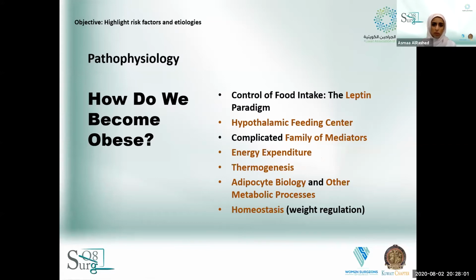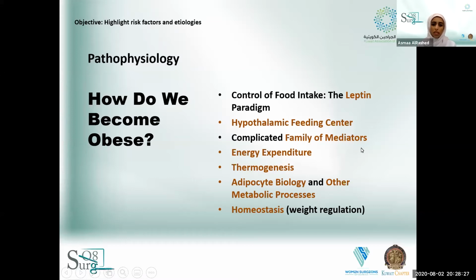So how do we actually become obese? There are lots of theories, and we're not going to talk about each one of them because there are chapters written about this, but we'll touch base on some of them. There are different scientific evidence on how this evolved. We have, for example, the mediators, leptin.